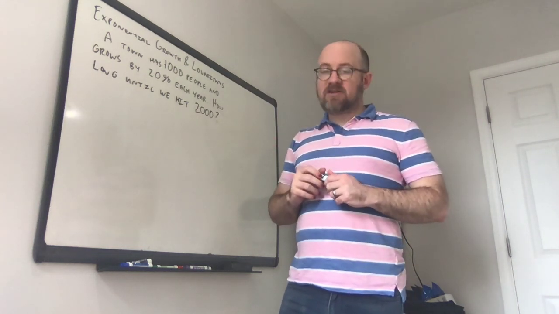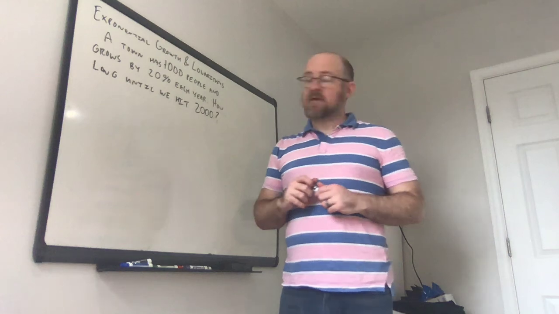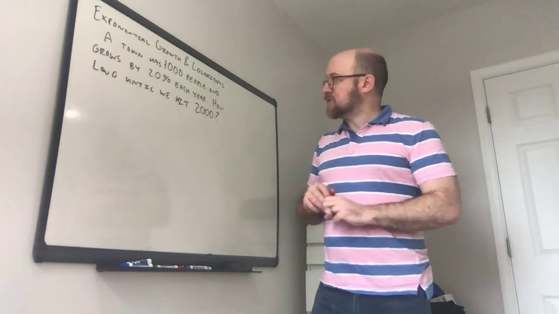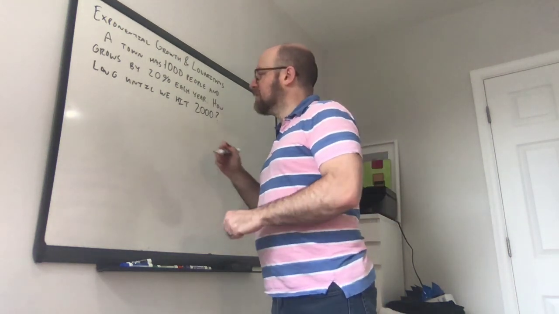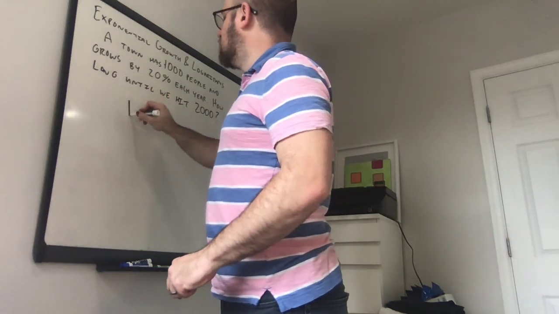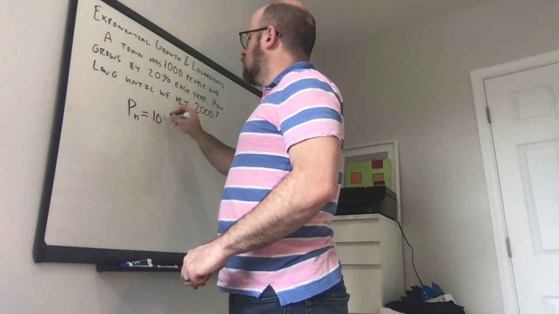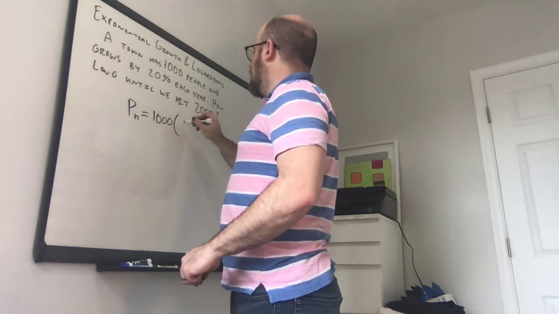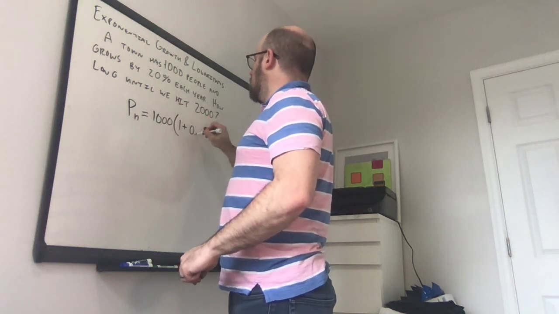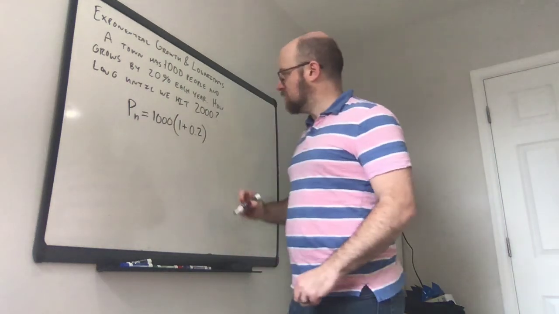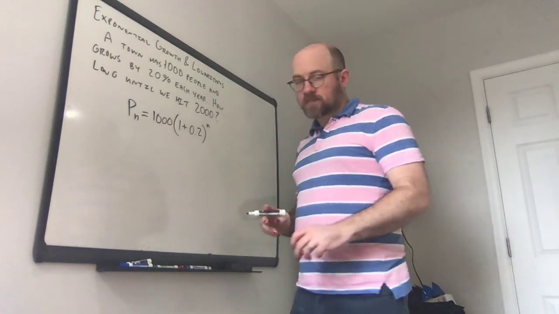And so what we need to do is think about setting this up as an exponential growth equation. So what's our equation? If we write down our explicit equation, P sub n equals our initial value, 1,000, times 1 plus our percentage, 0.2, to the n.